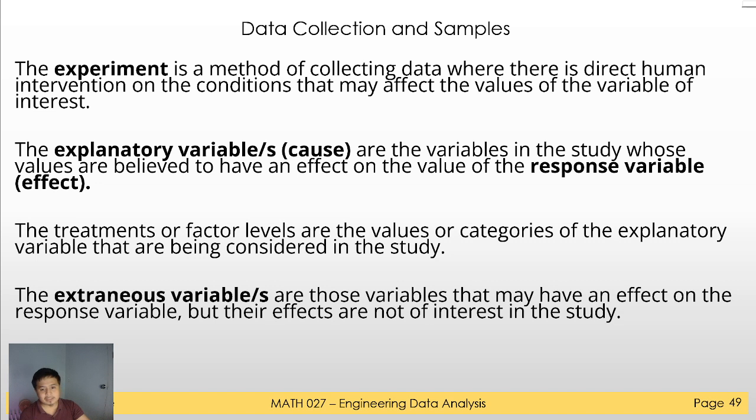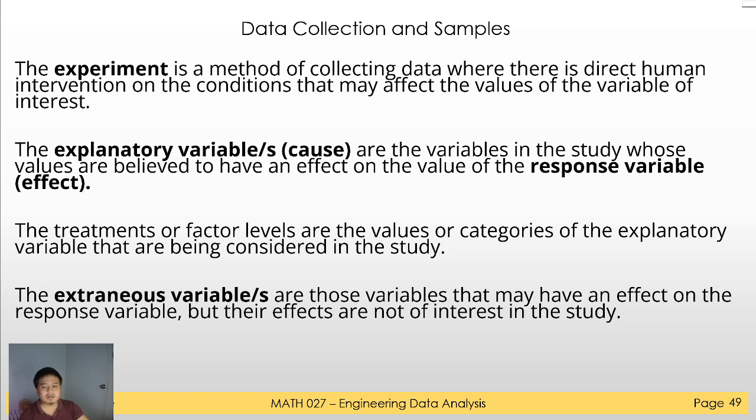So what are the elements of an experiment? We have the explanatory variable. This is synonymous with the independent variable. Actually, they are the same thing. This represents the cause in the experiment. And then the response variable, or in other words, the dependent variable, is the effect in the experiment.